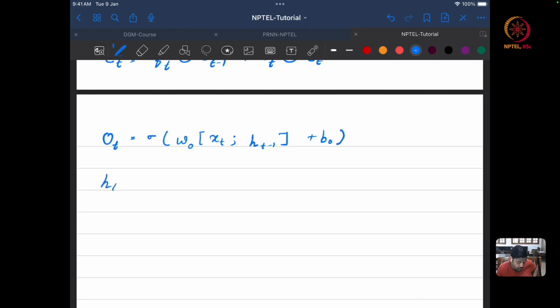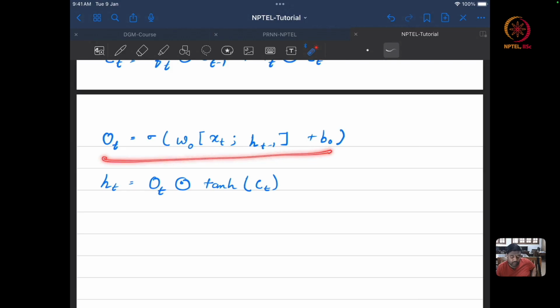And then HT equals OT, taken with the tanh of CT. Since you have a sigmoid, you can think of it as some kind of percentage vector for each of the values, and then you are taking a transformation of CT here. This will give you HT.